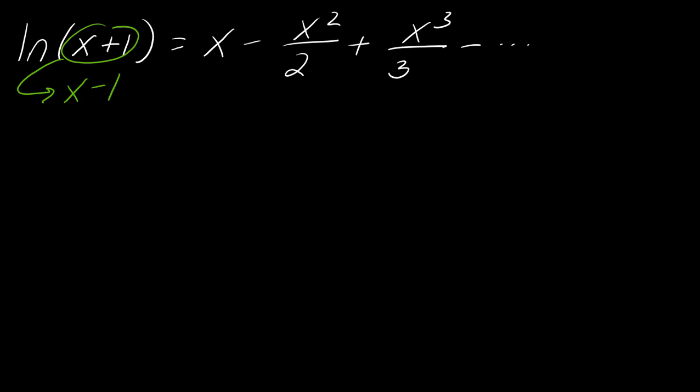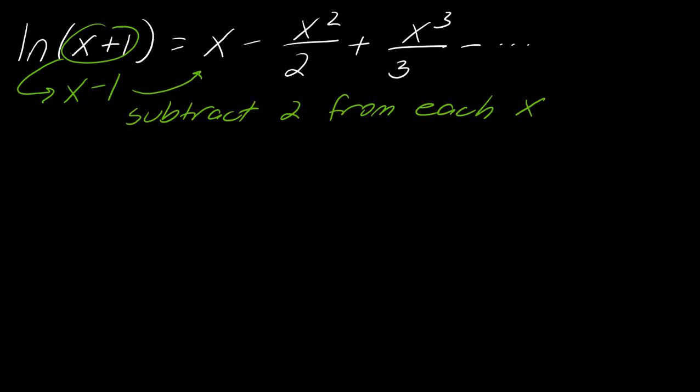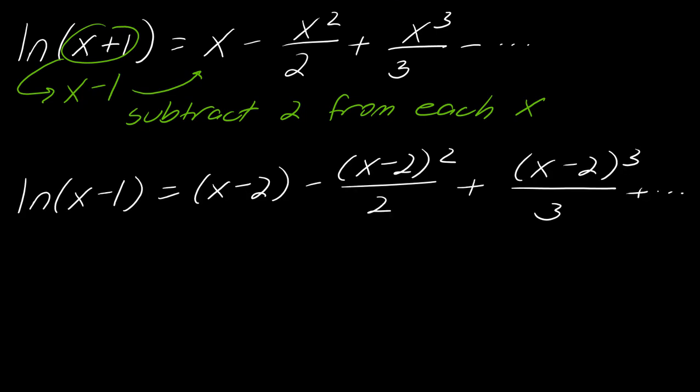So you have to think about what you are doing to x to make that happen. Basically, I'm subtracting 2 from this. If I take x plus 1 minus 2, I will get x minus 1. So now I need to subtract 2 from all of these x's in here to make the analogous move. That means that the natural log of x minus 1 is the same Taylor series, I've just adjusted it, so now it's all x minus 2's here.